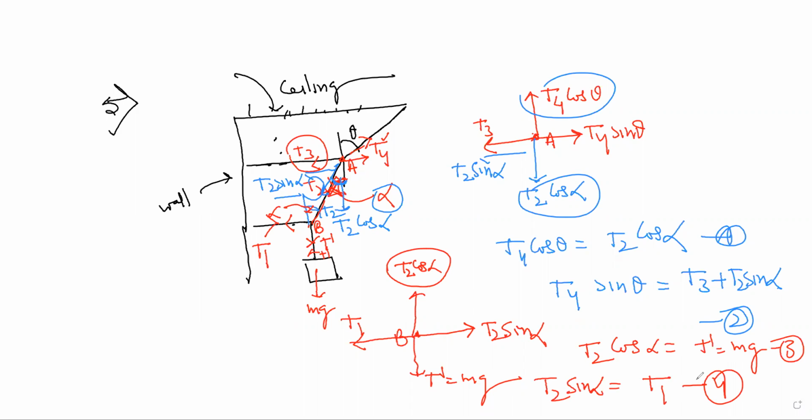Now some more questions could be like this. There is a man M1 and there is another man M2 which is pulling a man which has fallen.